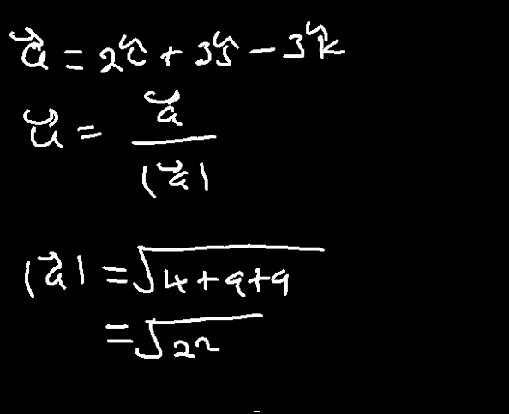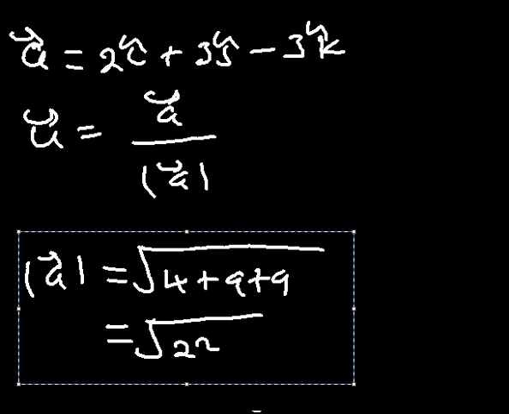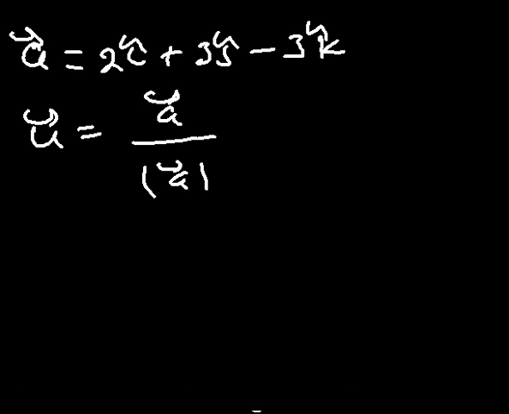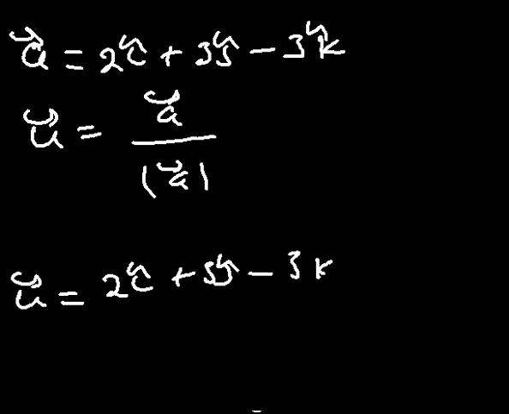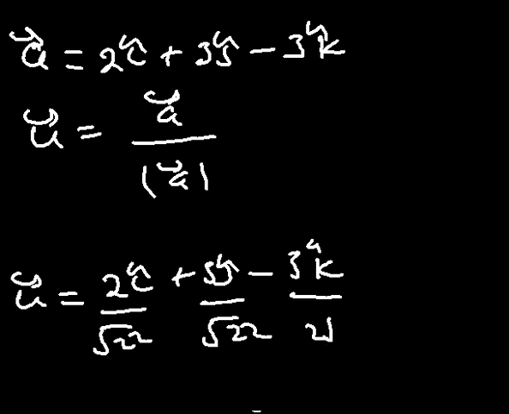So the unit vector u is equal to 2i plus 3j minus 3k, divided by the square root of 22.